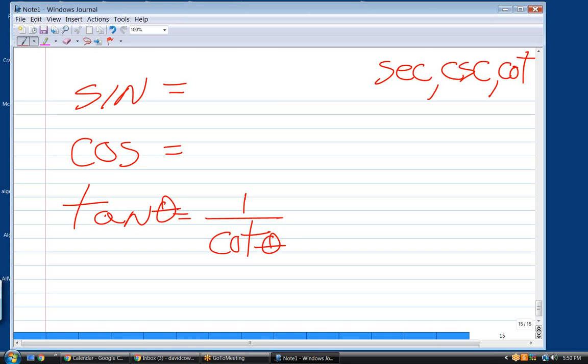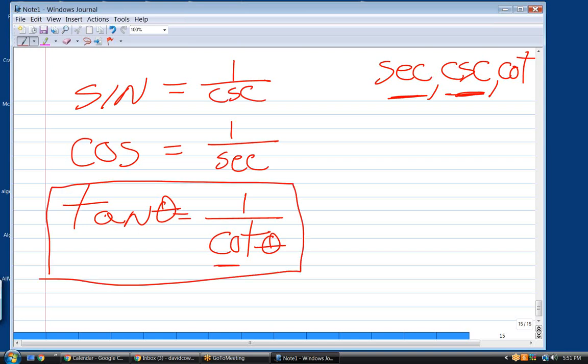And memorizing this stuff, there's a lot of little techniques you can use. I know that one of these other 2 functions goes with sine and the other one goes with cosine. The trick is there is exactly 1 co in every reciprocal relationship. Notice there's the co in this pair. There's the co in this pair.